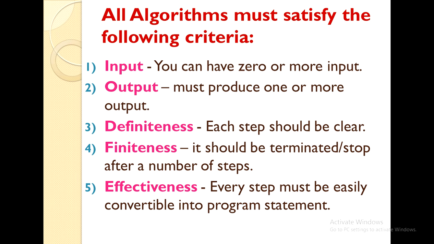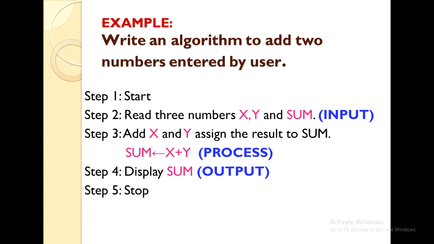You cannot write an algorithm without an end. Effectiveness means that every step must easily be convertible into a program. If you give someone else an algorithm, he should be able to convert that algorithm into a programming language.